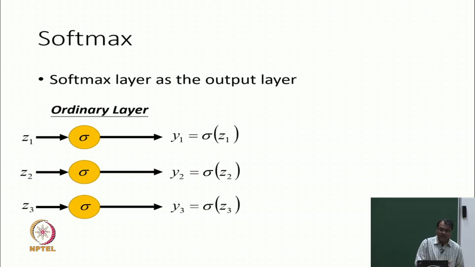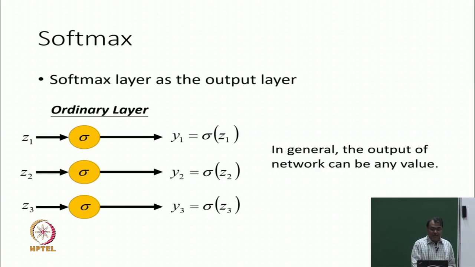Ordinarily we will put in a sigmoid, and if we put in a sigmoid, y1 would be between 0 and 1, y2 would be between 0 and 1, y3 would be between 0 and 1, but they may not necessarily sum to 1.